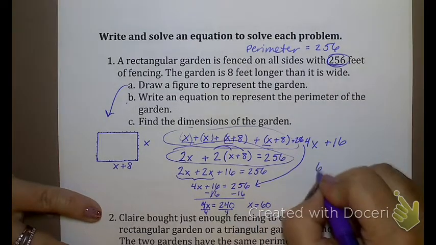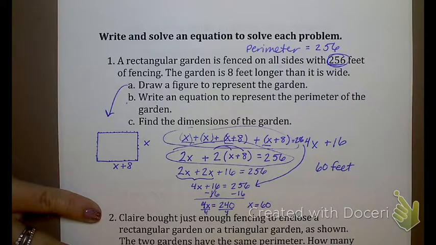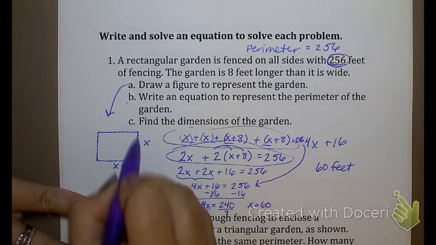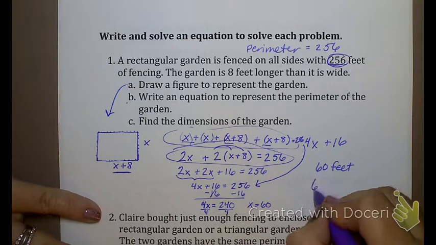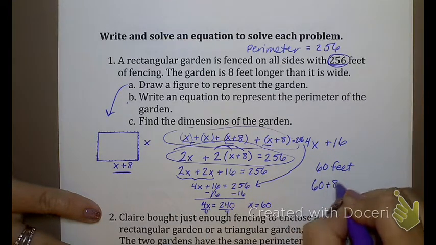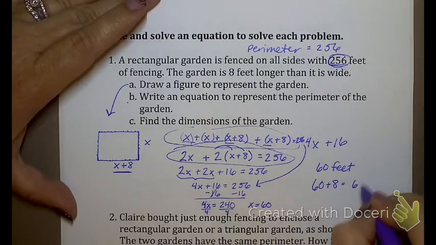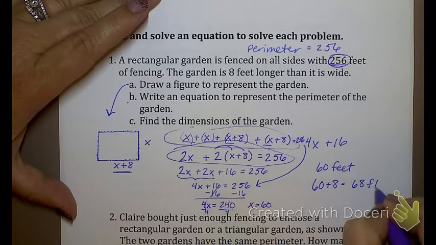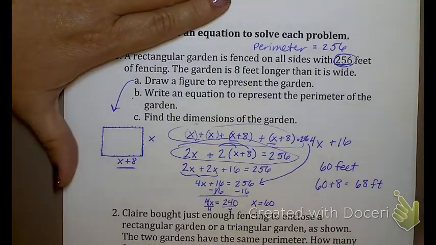Well, 60 what? 60 feet is one direction. That's my x value. What's this one going to be? 60 plus 8, right? Because the other one's 8 feet longer. Would be 68 feet. So which one's which? Doesn't really matter.